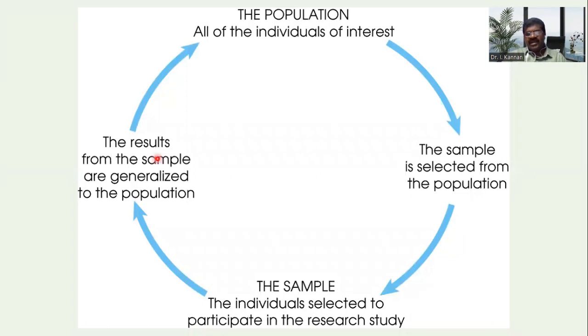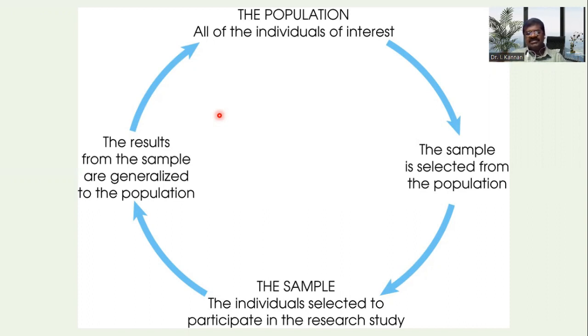Now, this data, you have to prove that it is a true representative of the population. Only then can you justify your conclusion. So to prove that the results represent the true population, you have to do the statistics to prove that it is a true representative of the original population.